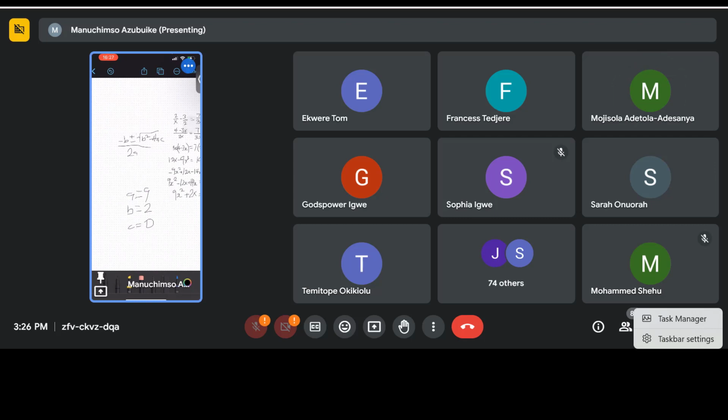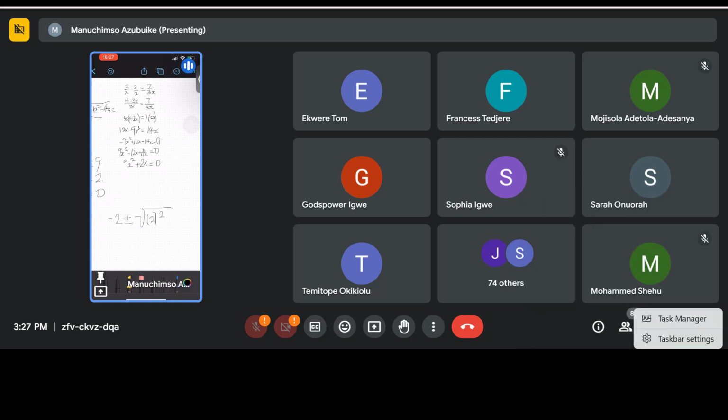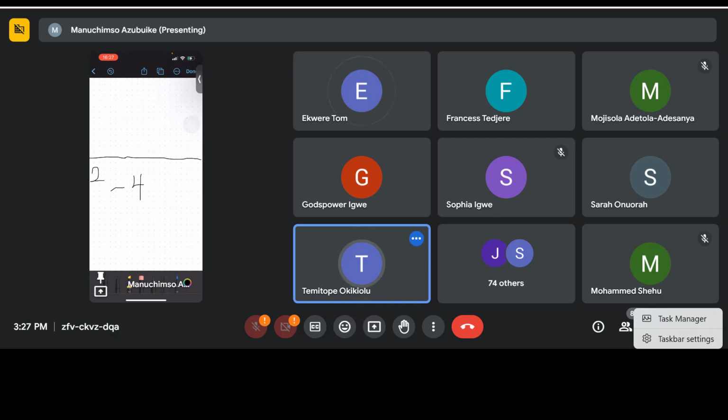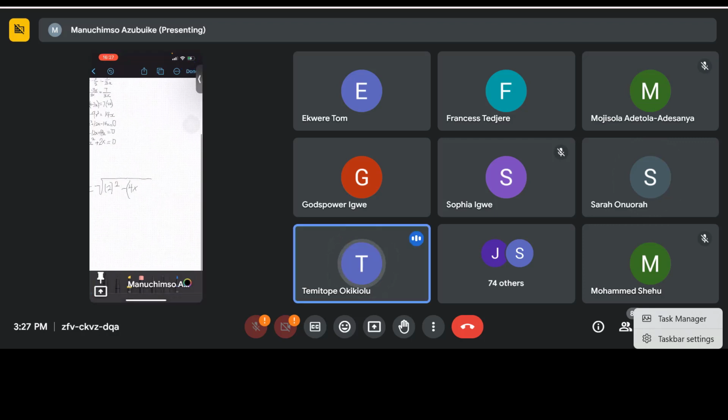So now we know our B is 2. So let me just plug in the formula. Minus 2 plus or minus the square root of 2 squared minus 4 times our A, which is 9, and our C, which is 0.